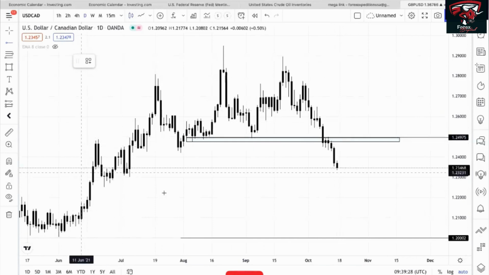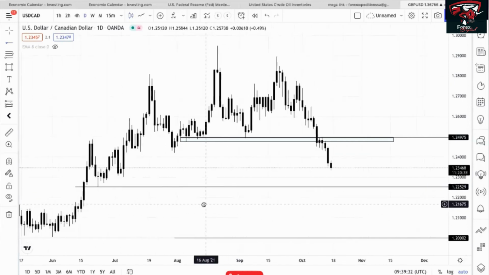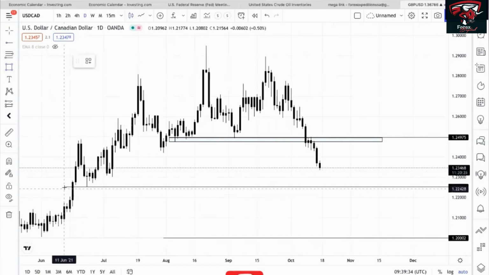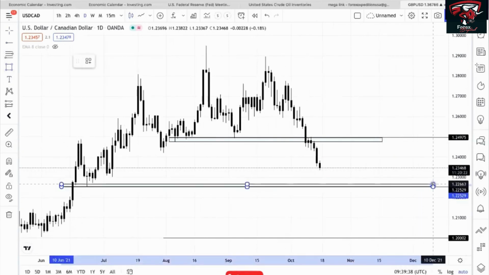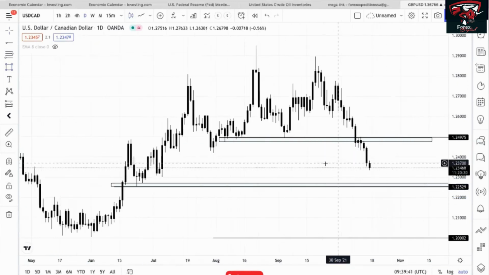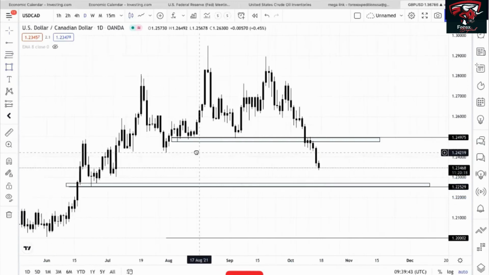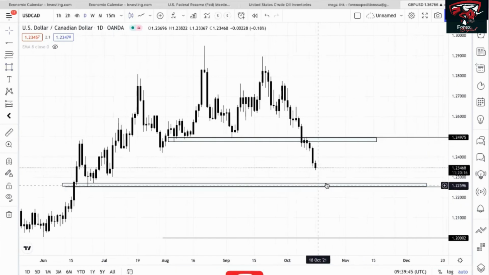So that means we would be looking at 1.22500. That's the last time where price stopped. You guys see how easy it is to break it down. The only time we are expecting price to stop is by 1.22500.